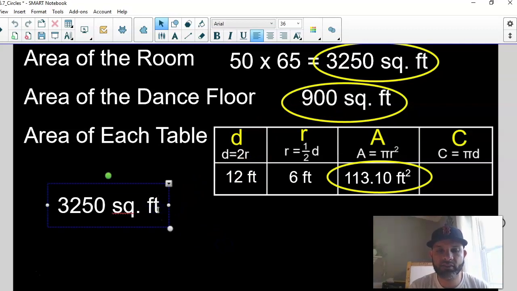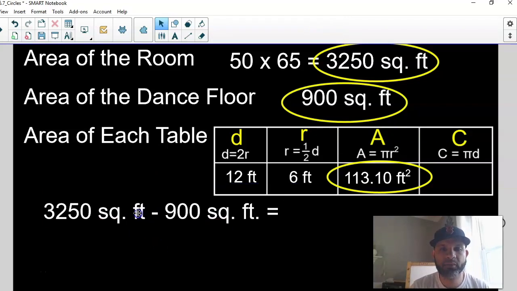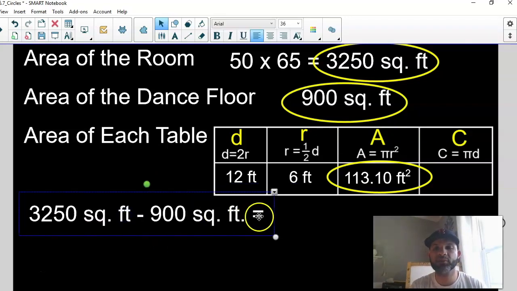3,250 minus 900 square feet gives us what? Because that's going to be the amount of space we have for the tables. We subtract that, 3,250 minus 900.